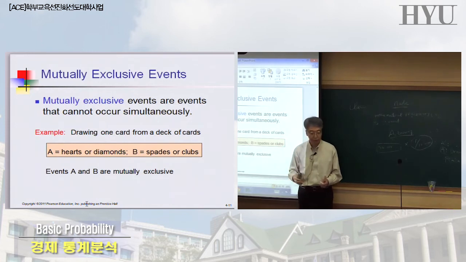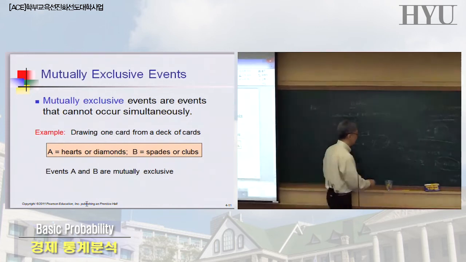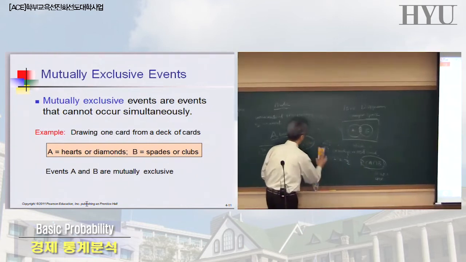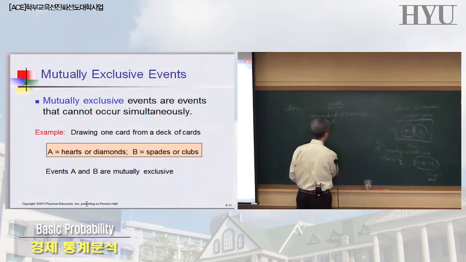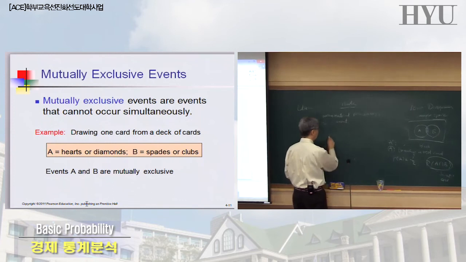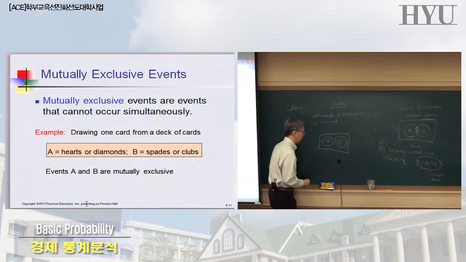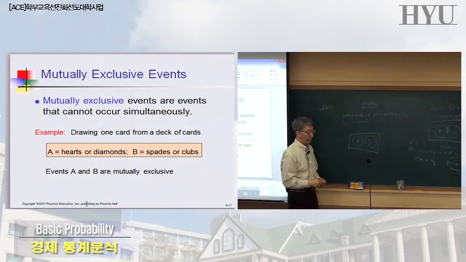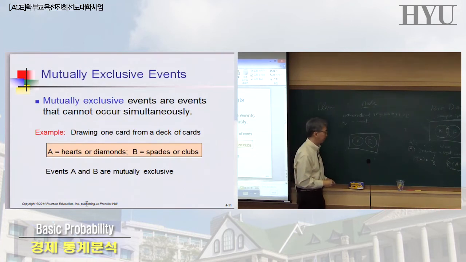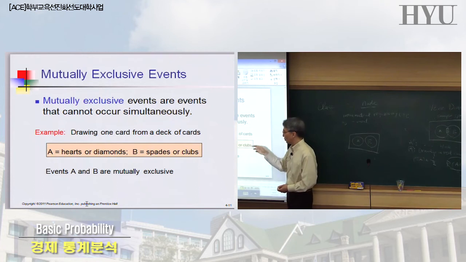They are mutually exclusive. So if you draw the Venn diagram in such a case, it will be A, B. There will be no overlapping portion. That's the idea of mutually exclusive events.